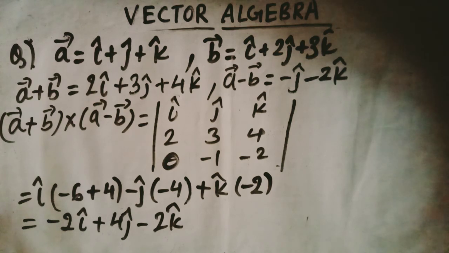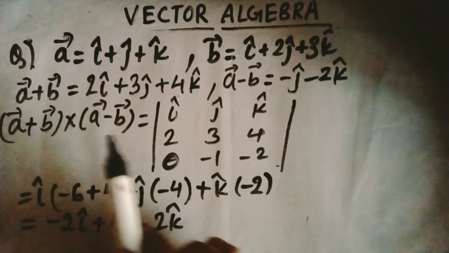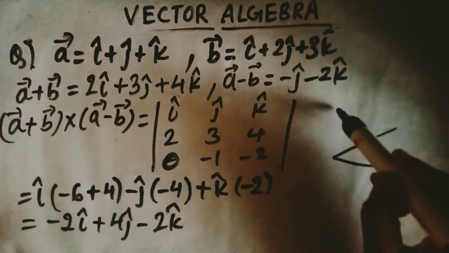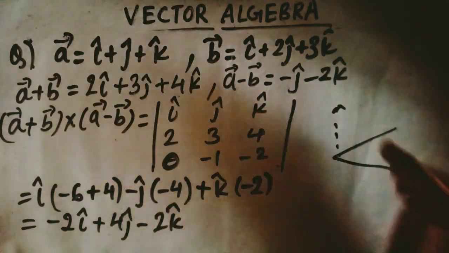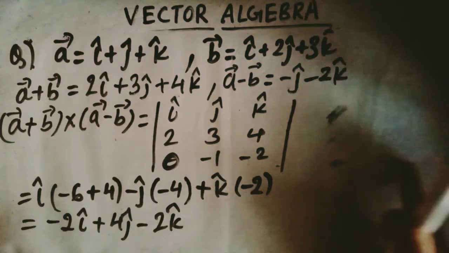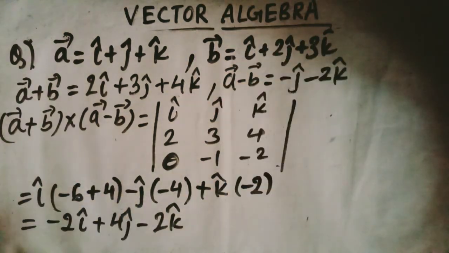Okay, so this is your cross product, that is, these two vectors are there, and to these two vectors there is one perpendicular vector. So you have to find the unit vector of this vector.